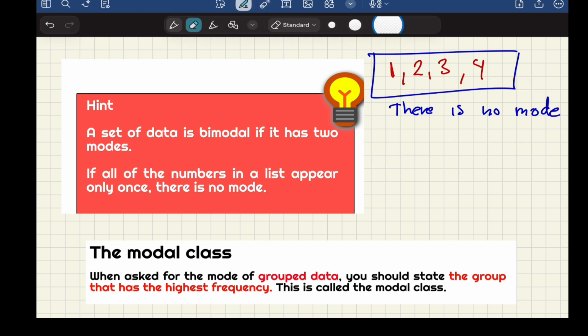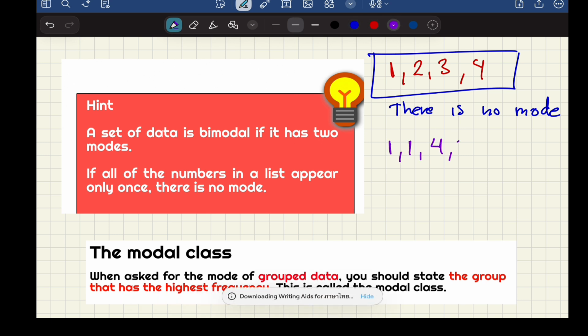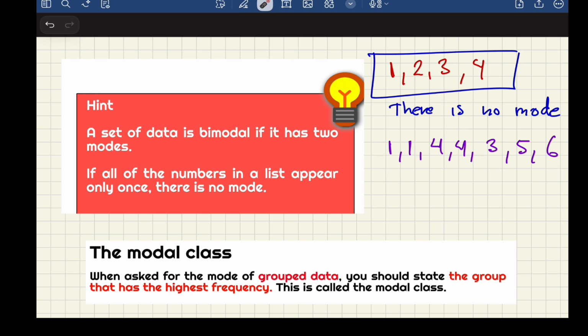Then what happens when we have something like this: 1, 1, 4, 4, 3, 5, 6. Using these numbers, what is the mode? Look at this. In this situation, we have two numbers.